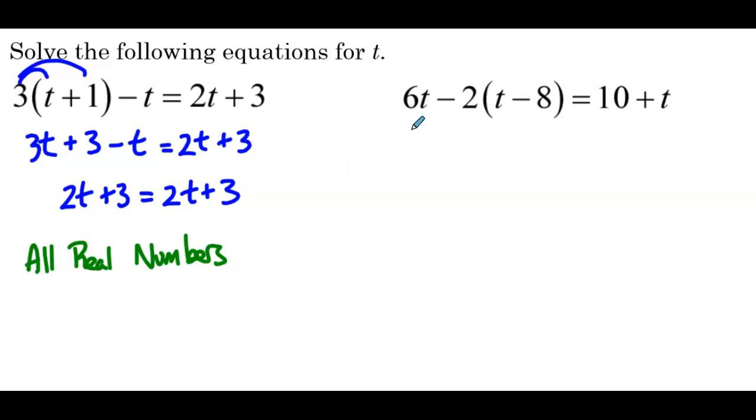Now our last example, 6t minus 2 times the quantity t minus 8 is equal to 10 plus t. So I'm going to start by distributing 2 into the parentheses. So 6t minus 2t minus 16 equals 10 plus t.